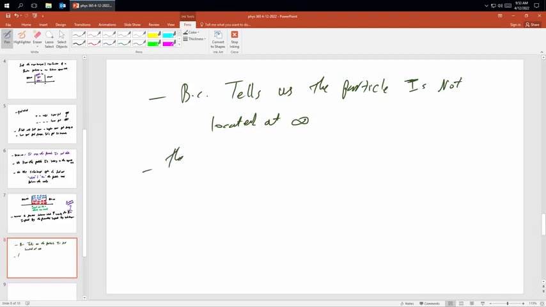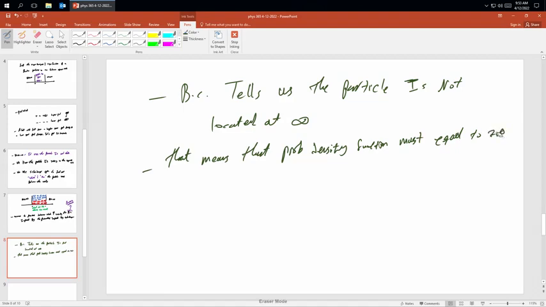That means that the probability density function must equal to 0.